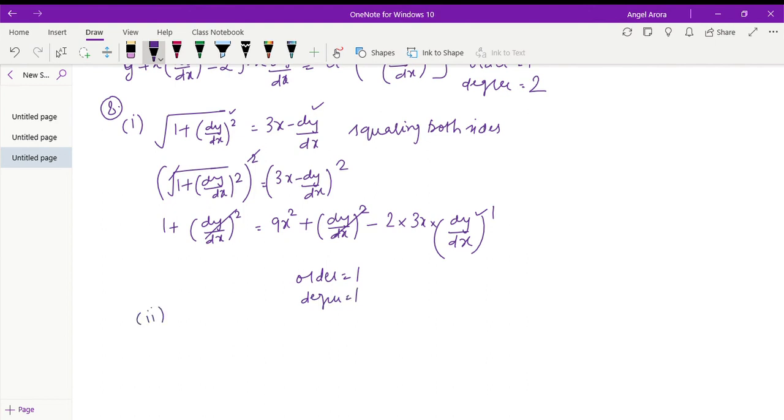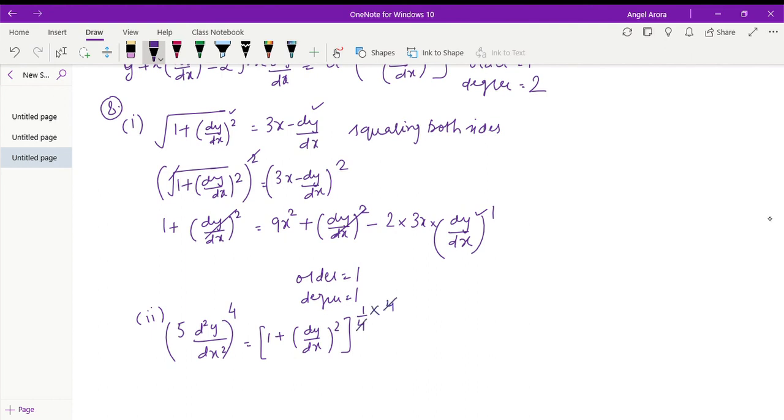Second part of 8th question. 5 d square y upon dx squared is equal to 1 plus dy upon dx squared raised to 1/4. So now on both sides we can multiply the powers by 4. 4 and 4 will get cancelled.